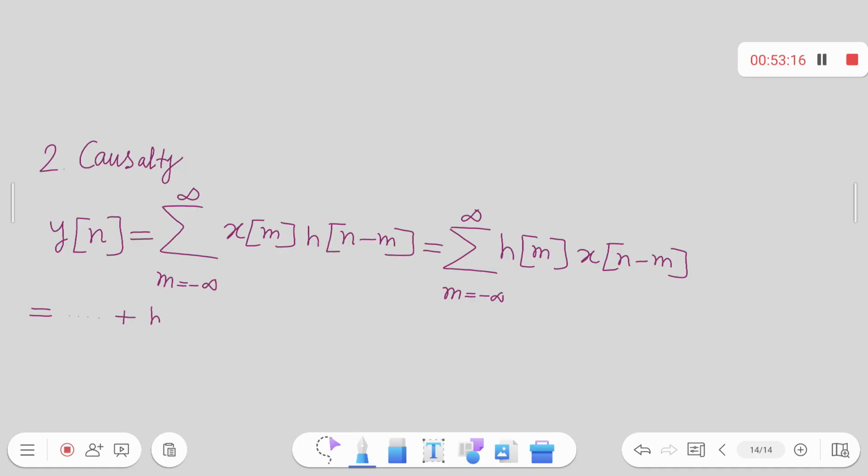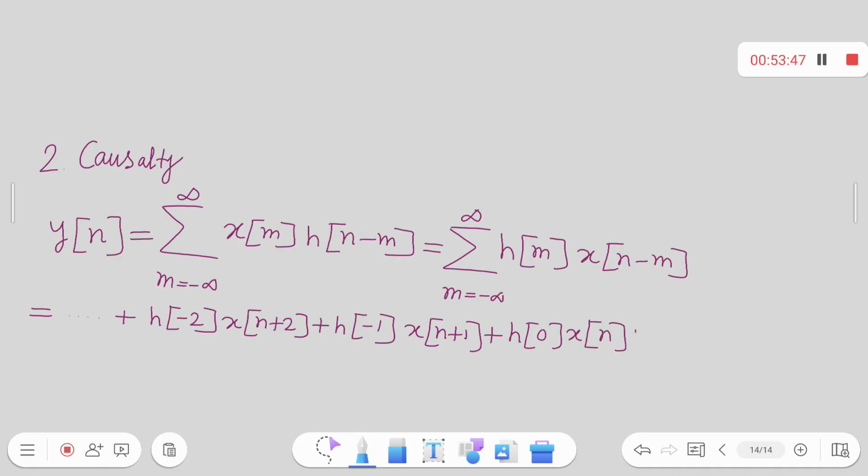So let's write something like that: h of minus 2 x of n plus 2, plus h of minus 1 x of n plus 1, plus h of 0 x of n, plus h of 1 x of n minus 1, plus and so on.